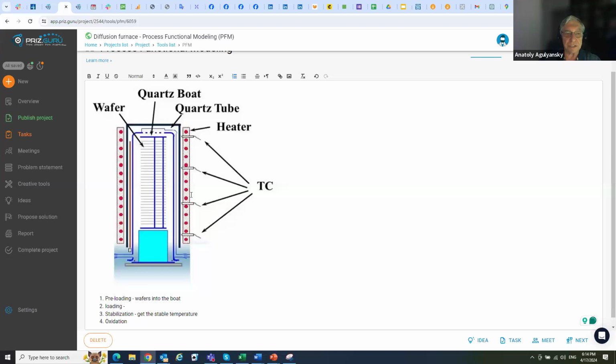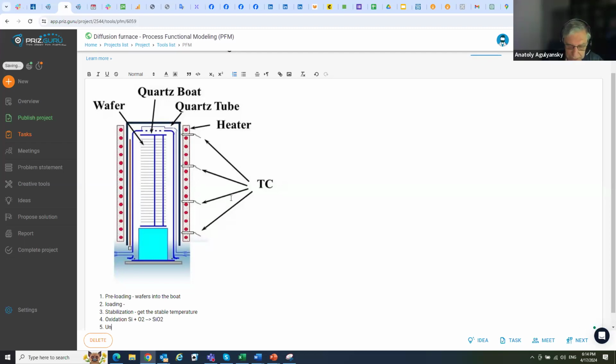Oxygen interacts with silicon plus O2, and it gives a silicon oxide layer, primary school. And when the interaction is completed, we should unload. Unloading the boat.